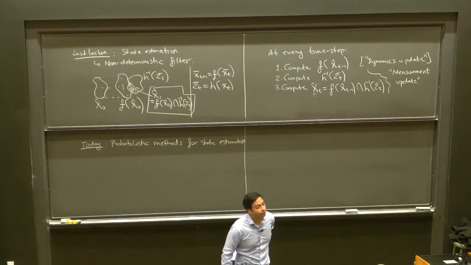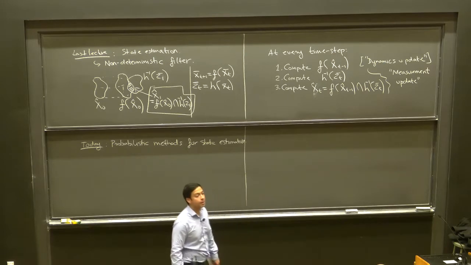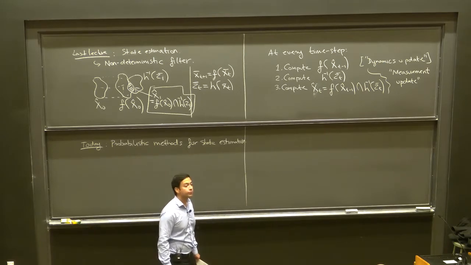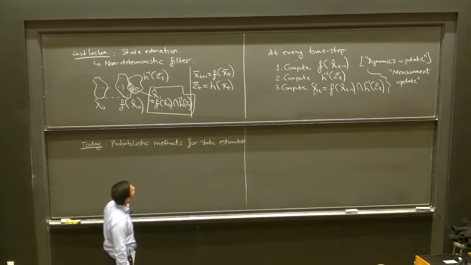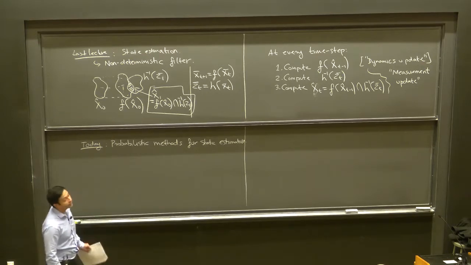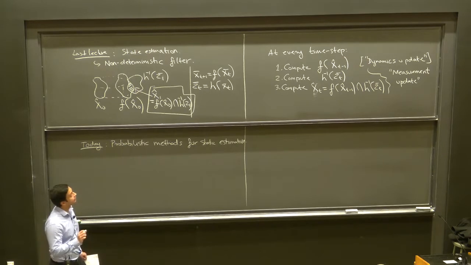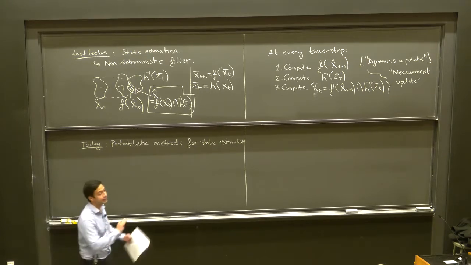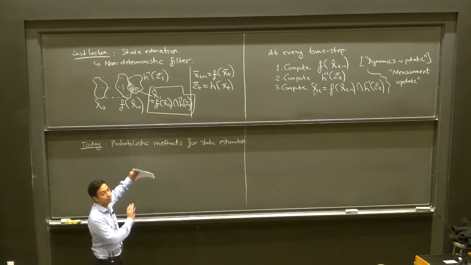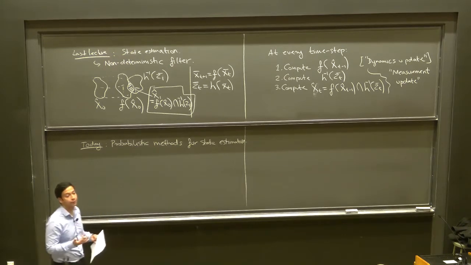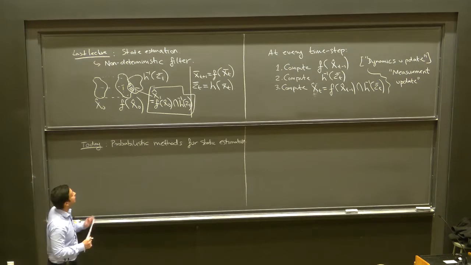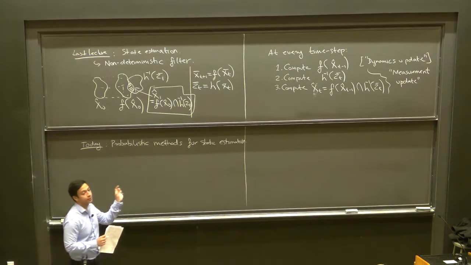Question? Yeah, so in our previous formulation, are we assuming our environment is discrete? Okay, so we're not necessarily assuming that the environment is discrete in the sense that we have a finite number of states. The state space can still be continuous, and the non-deterministic filter is still well-defined in that setting. The discreteness here is in terms of time.